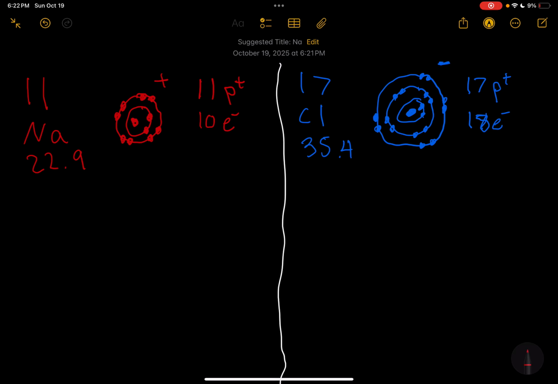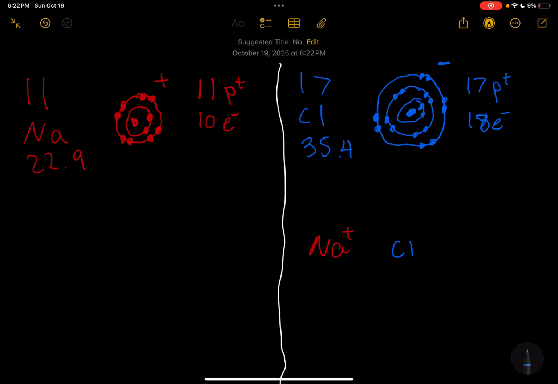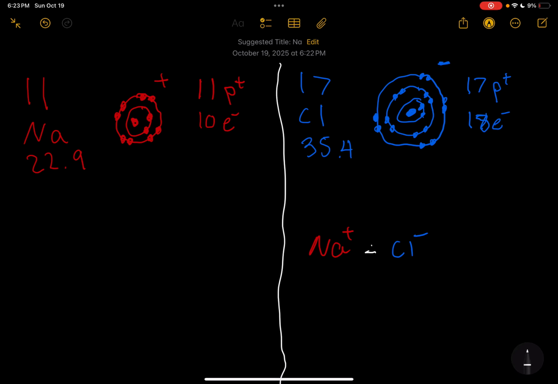I'm just going to write out the equation here. If we have a positively charged sodium ion, which we write as Na plus, and a negatively charged chlorine ion, the way for them to neutralize their charge is to form an ionic bond. So they form NaCl, and when I write out NaCl, you see that there's no charge there because they have essentially neutralized each other.